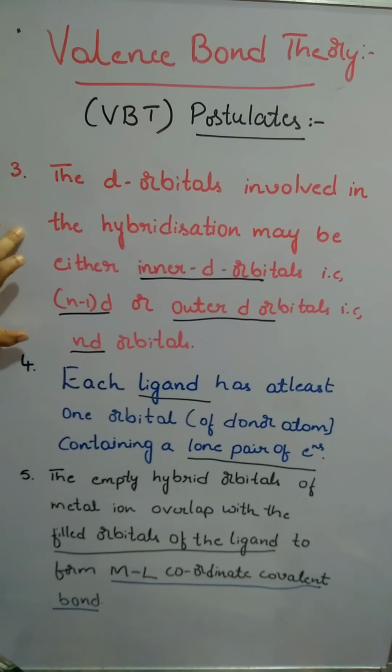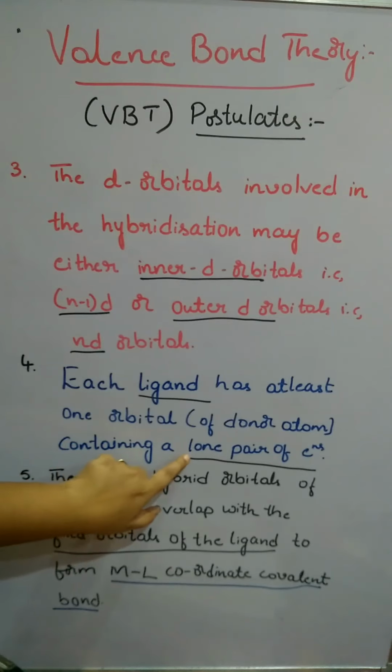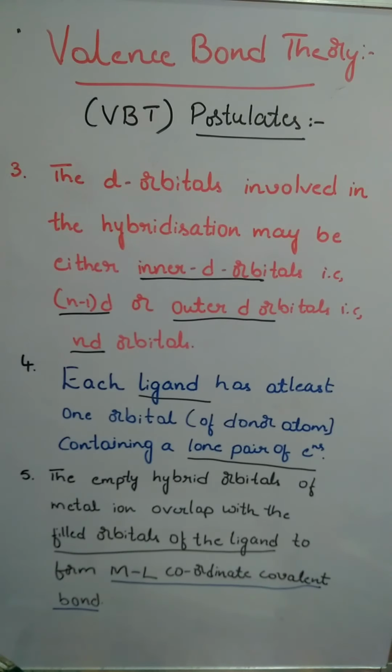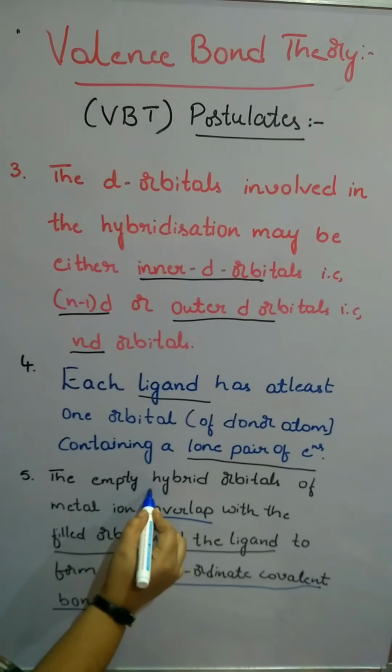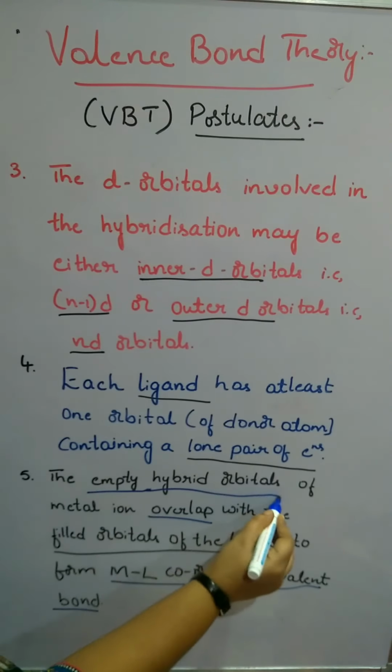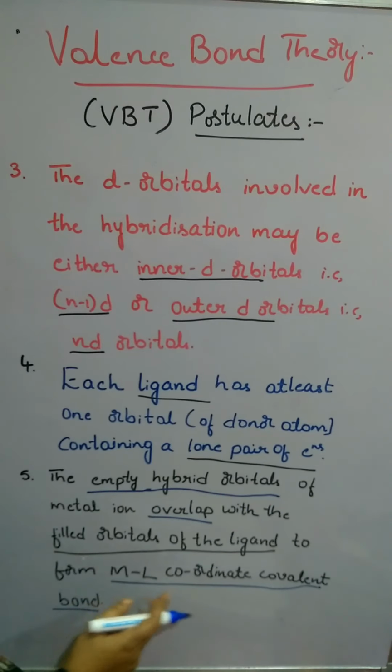The third is that either inner d orbitals or outer d orbitals are involved in the hybridization of metal orbitals. Next, a ligand should contain a lone pair of electrons, and the orbital containing the lone pair overlaps with the empty hybrid orbitals of the metal to form a metal-ligand coordinate covalent bond.